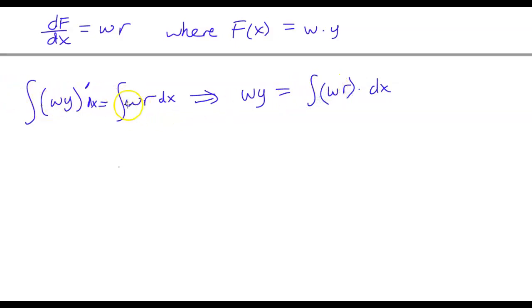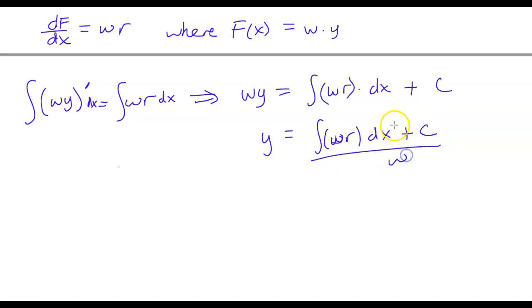And since both of these are indefinite integrals, both of these would have integration constants. For simplicity, I'm just going to put it on the right. And then from here, I'll solve for y, which means I would have to divide both sides by w. And I would have this as a result.